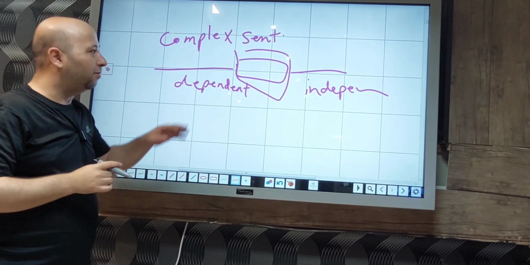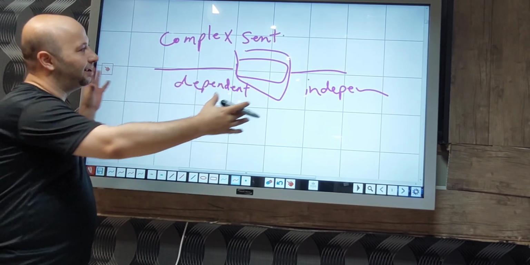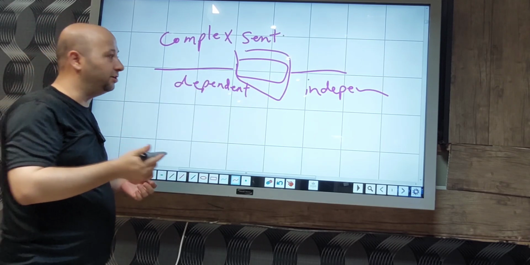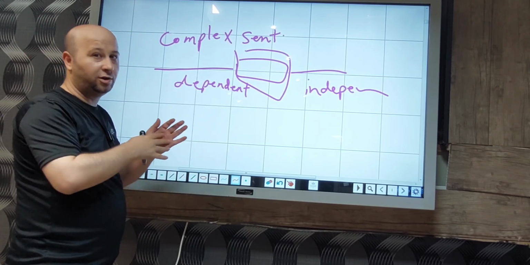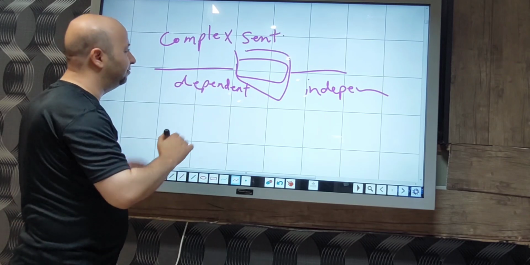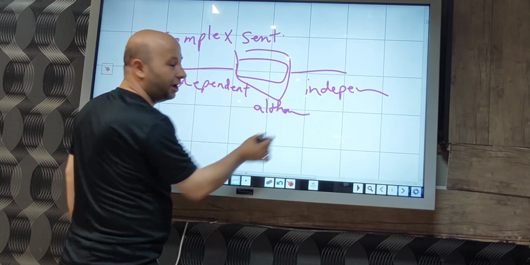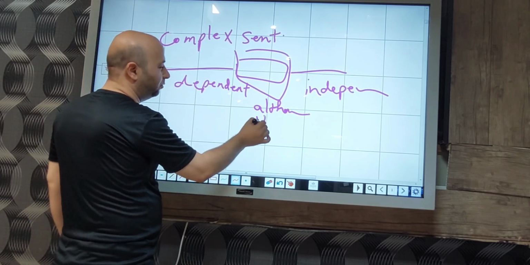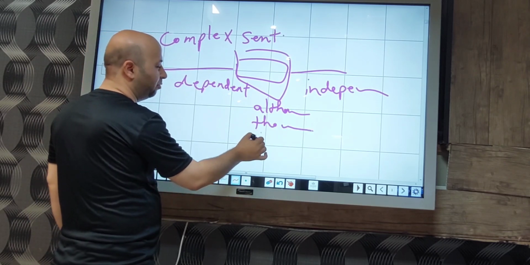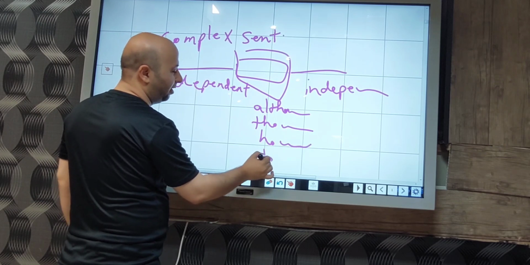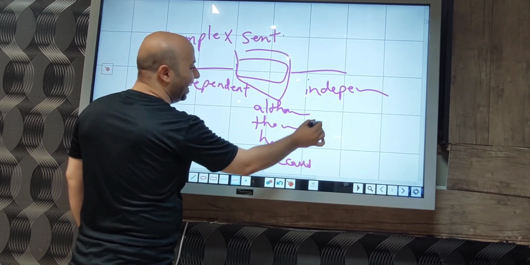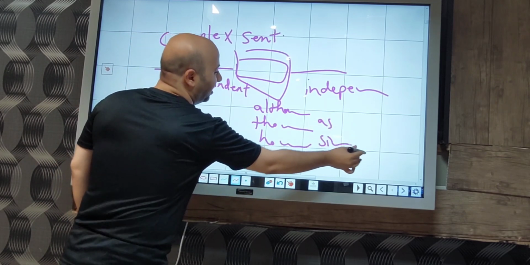So what words do we need to attach sentences to make complex sentences? They're all famous words. I'm sure you know quite a lot of them. Words like although, you name it. Words like though, words like however, words like because, as, since, and you name it.